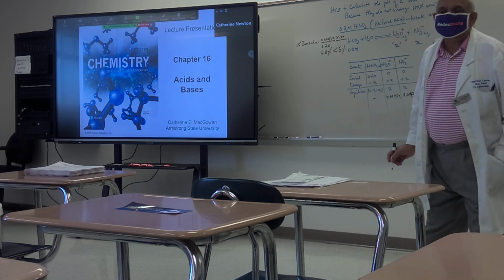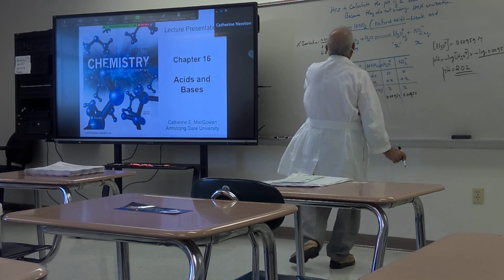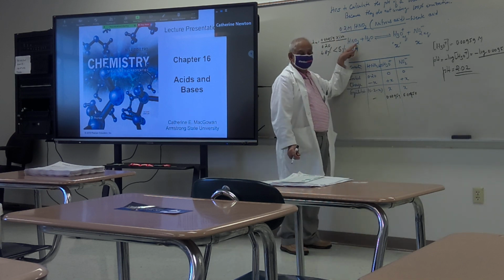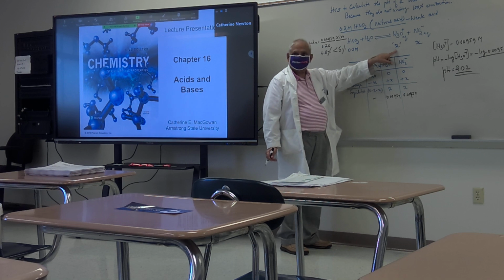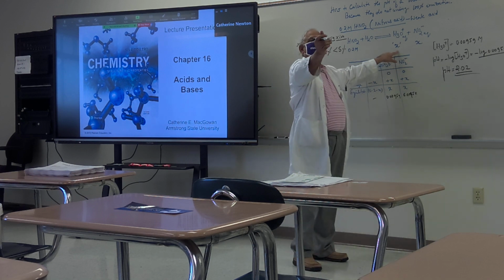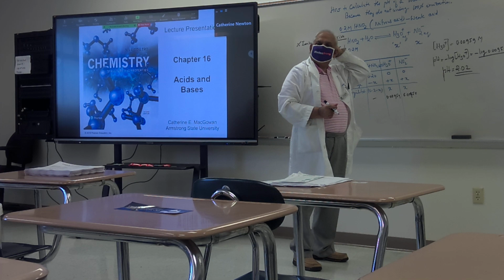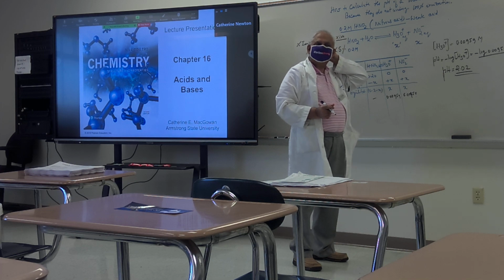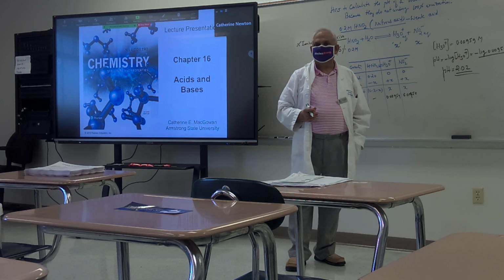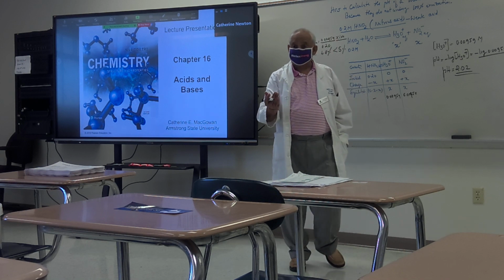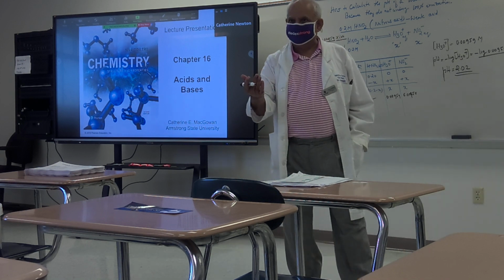Okay. Assuming that this is a strong acid, the concentration of H3O plus should have been 0.2, correct? Take the negative log of 0.2. 0.699. Correct? Say 0.7, something like that.